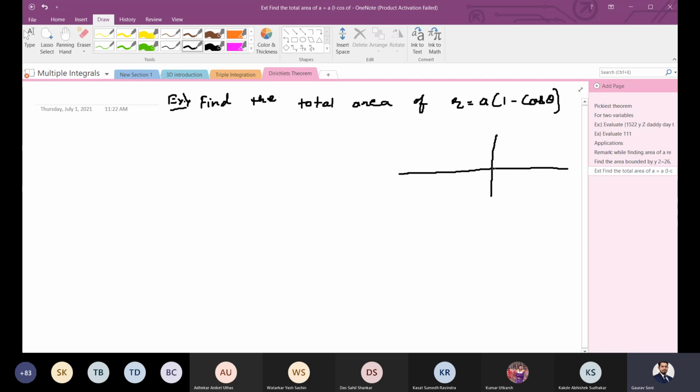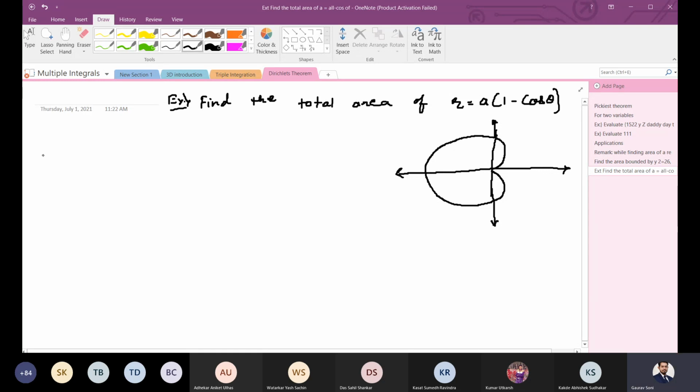We know the equation. This is an equation of cardioid, and the cardioid looks like this. Things are better when we are dealing with cardioid in polar form.